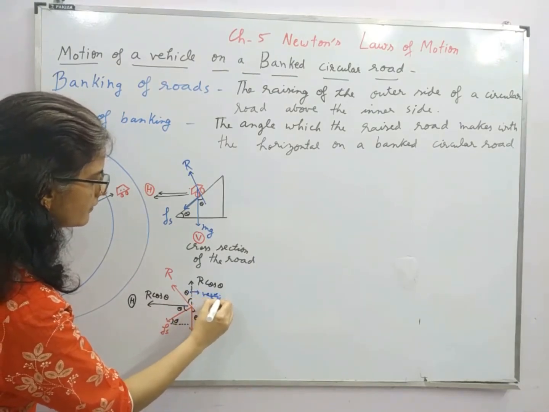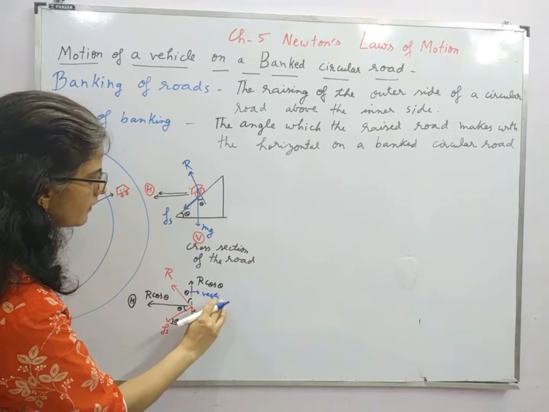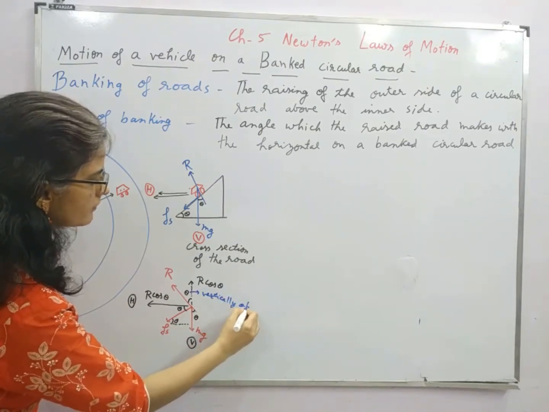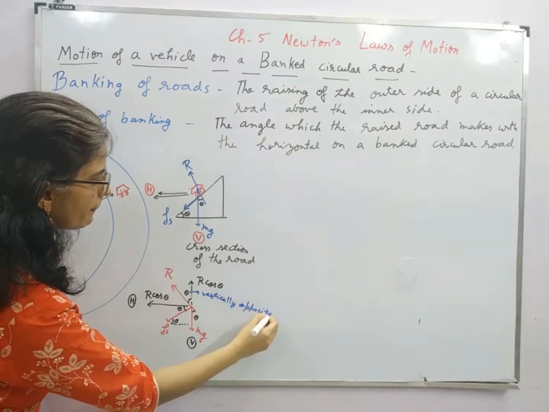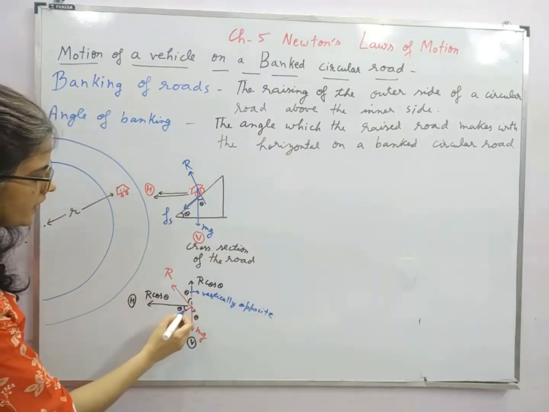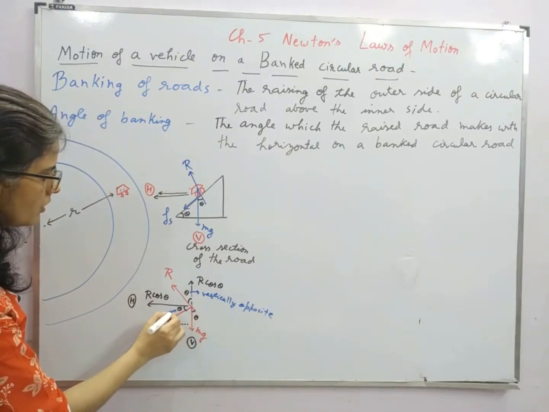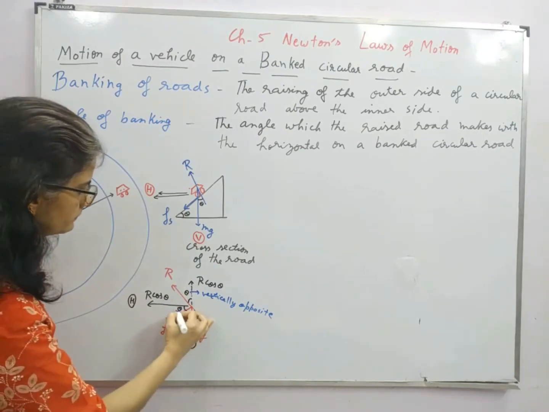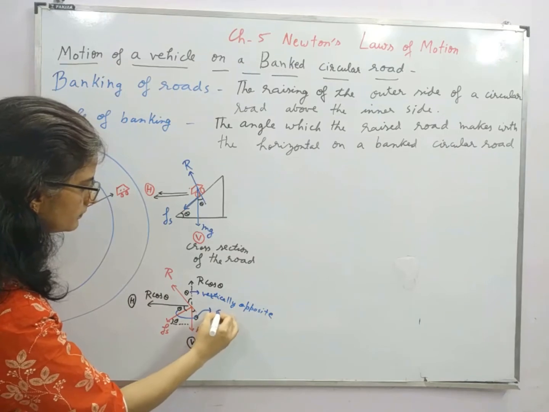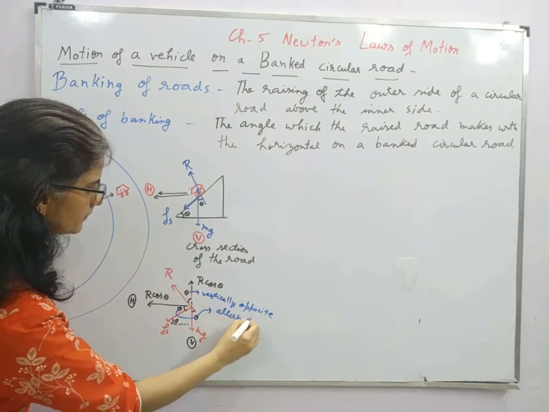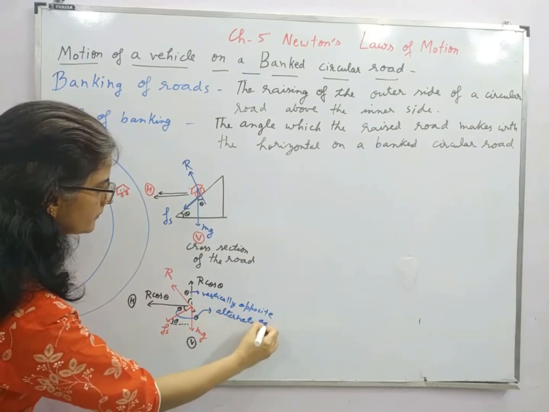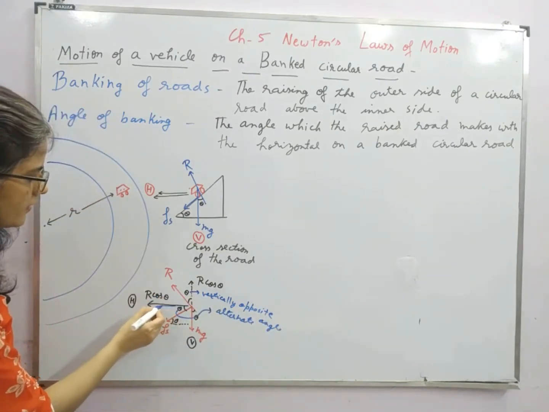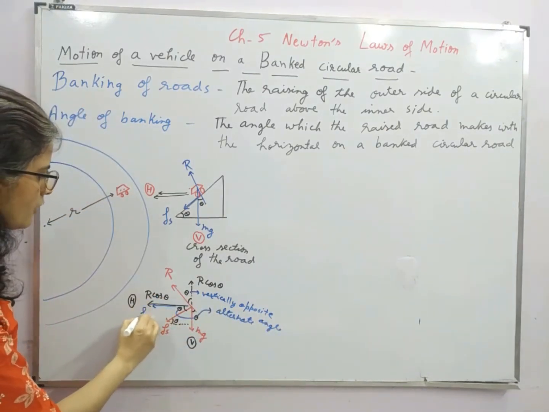So if this is the alternate angle, here I can mention for your convenience that this is the vertically opposite angle, and this I can say is the alternate angle. So I can write that this is the component of friction.